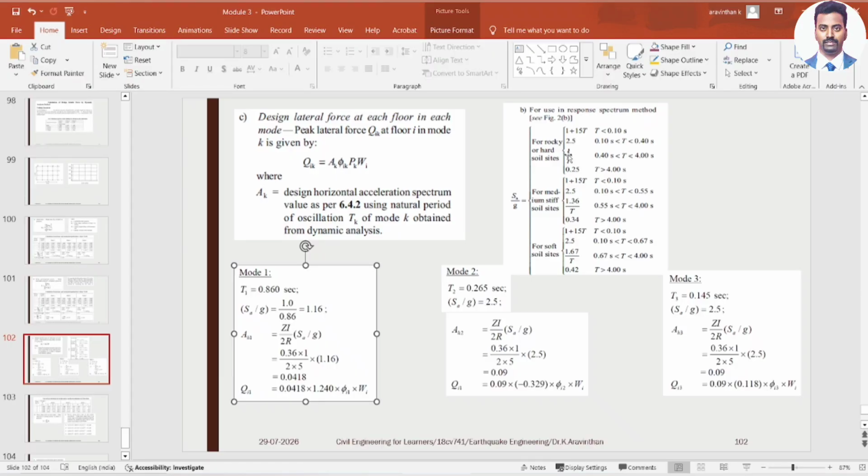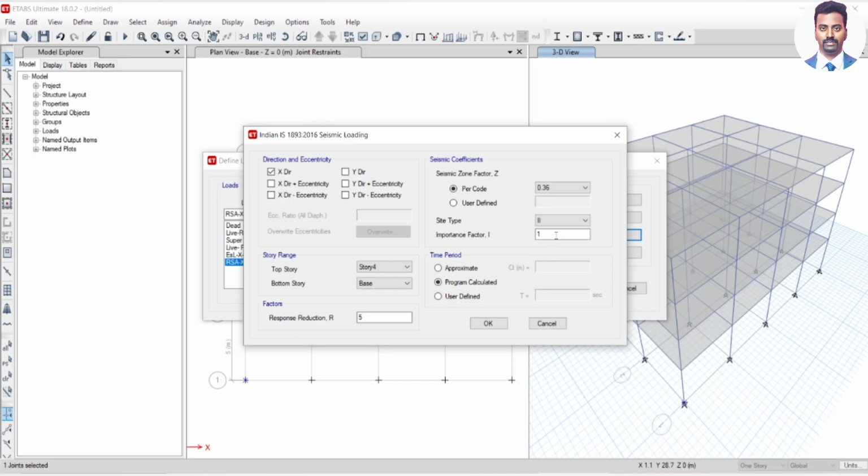So 1 by T, which has been taken as the first case, the rocky or hard soil sites. So in this case, it has been taken. Hence, we are considering soil type 1, importance factor 1, and the same case. For this we are going to do the program calculated.